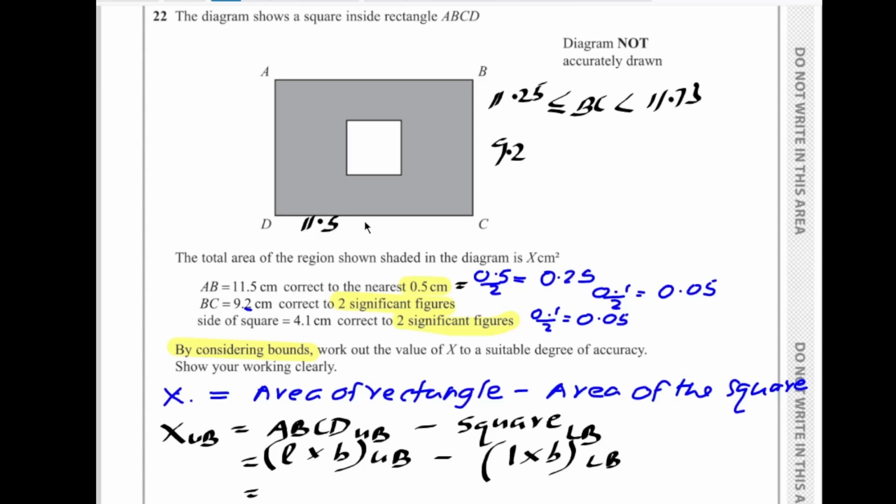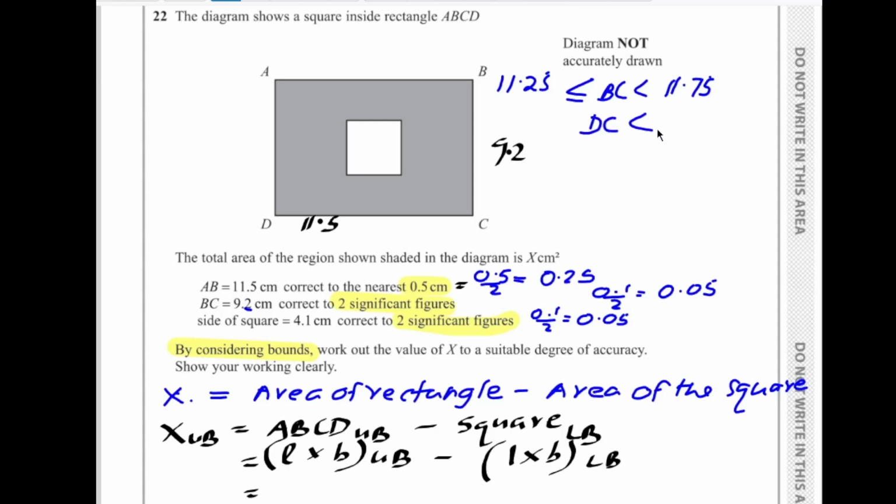So 11.5 subtract 0.25, I'm getting 11.25. 11.5 plus 0.25, I'm getting 11.75. So if I write them again, BC 11.75, 11.25, lower bound.